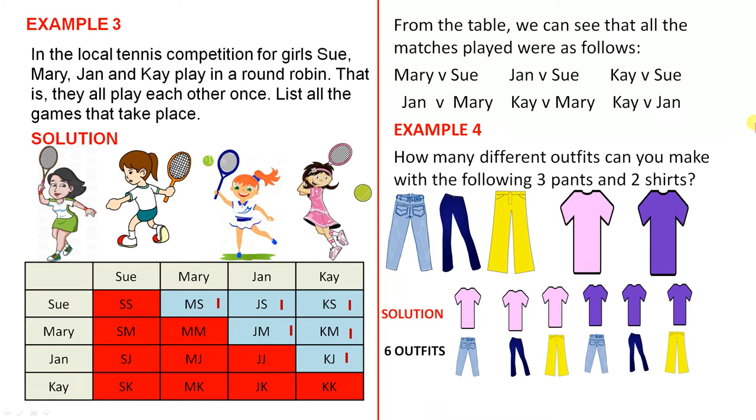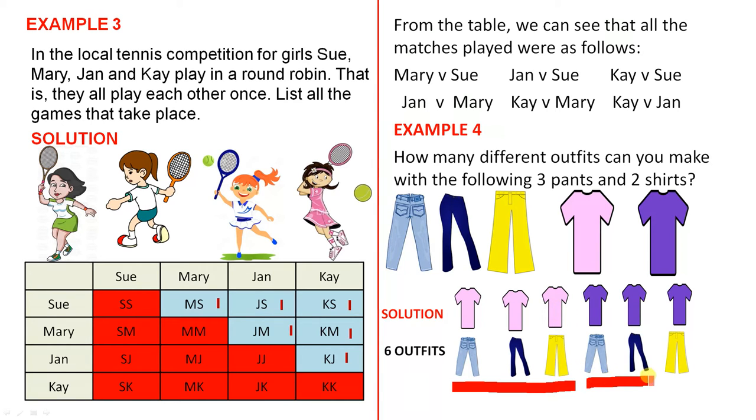Example 4. How many different outfits can you make with the following 3 pants and 2 shirts? So here are the 3 pants, here are the 2 shirts. Here are the solutions. So you put the 3 pants there and you can have this coloured shirt with each of them.